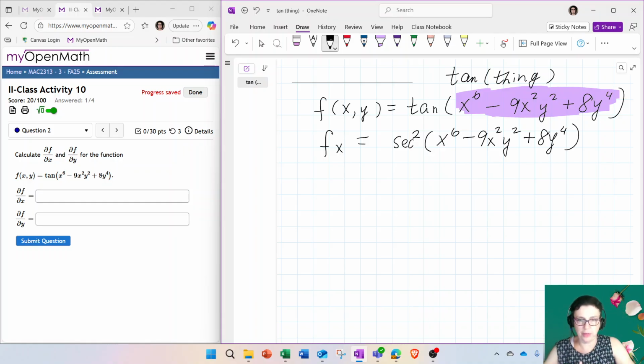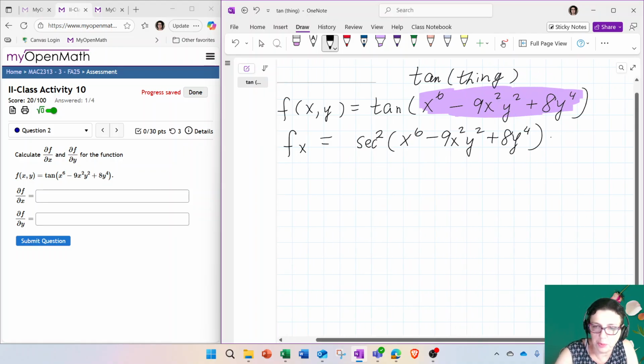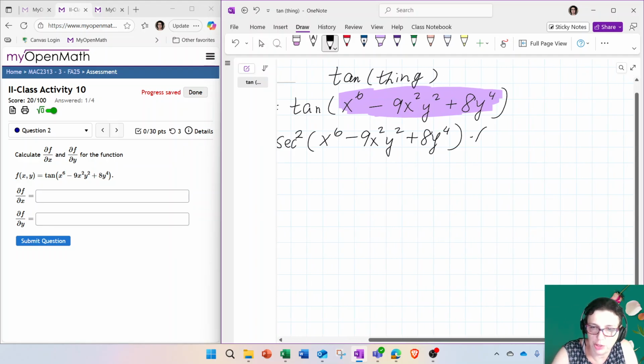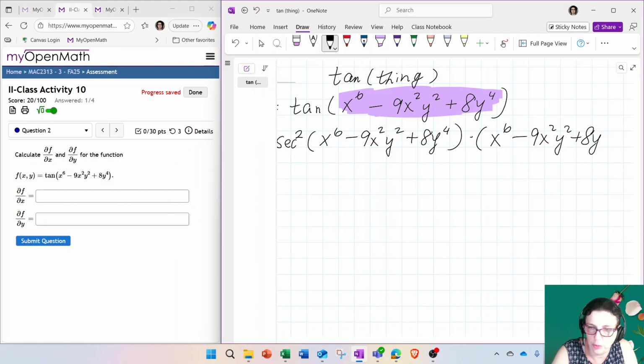And you're going to have to multiply by chain rule by the derivative of the thing with respect to x. So this is going to be the derivative of x to the 6 minus 9x squared y squared plus 8y to the 4th with respect to x.